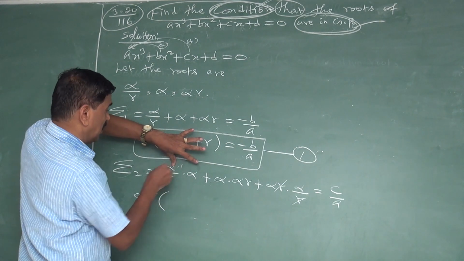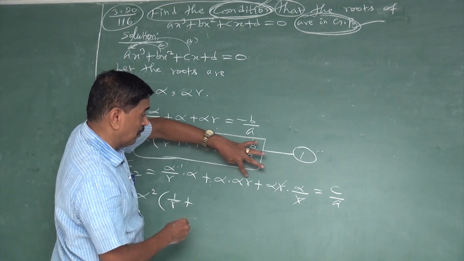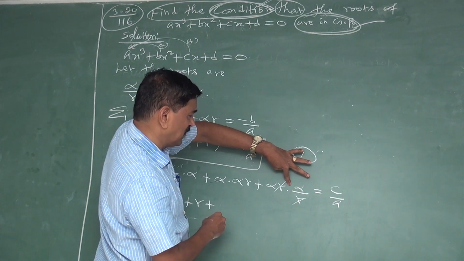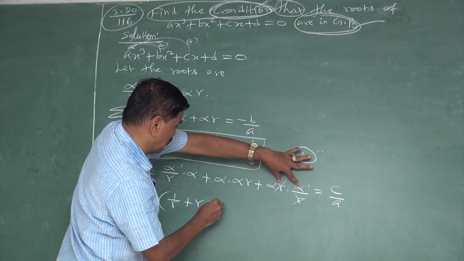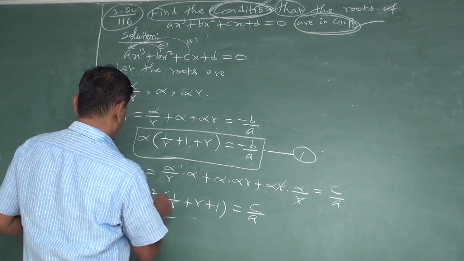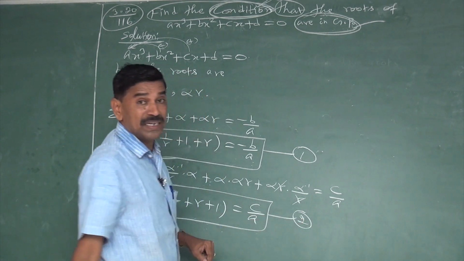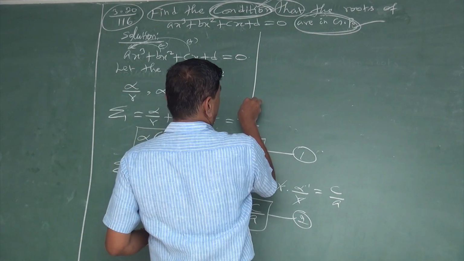Good: 1 by r, because the coefficient is 1, plus r, because alpha into alpha r leaves r, plus 1, which is equal to c by a. Let it be equation number 2. Please, next step. Good, sigma 3. Listen, sigma 3.